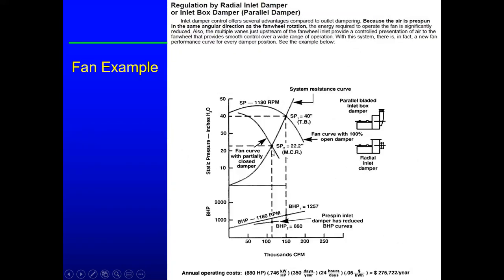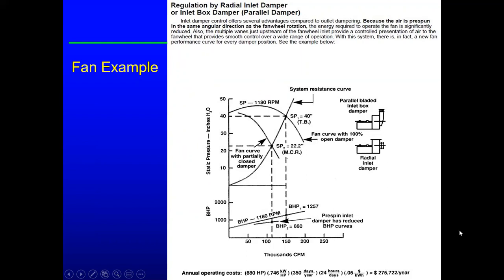Now we can operate down here on our inlet guide vane curve. And we can see that my brake horsepower is going to fall to 880, and my operating cost is going to fall to about $276,000.